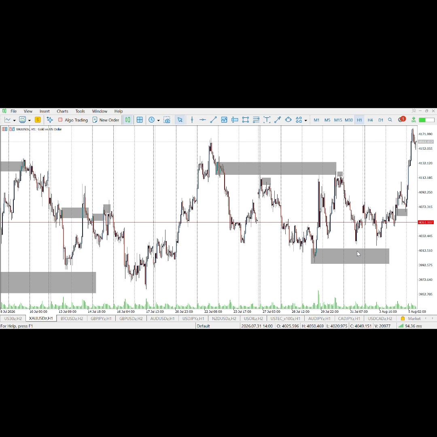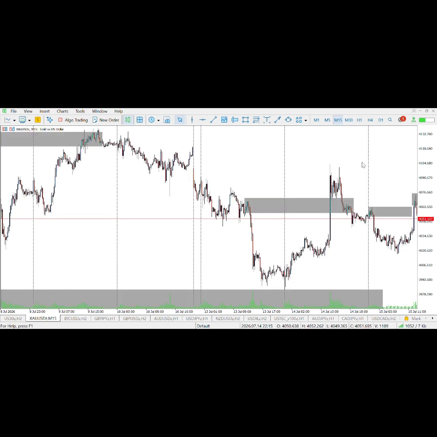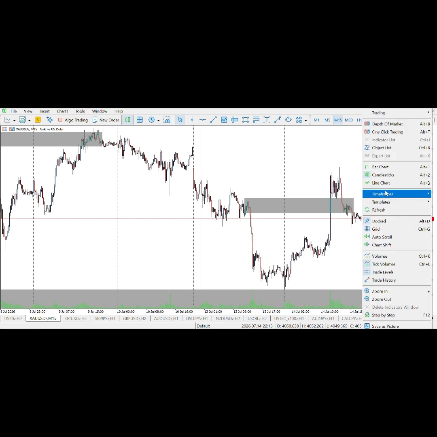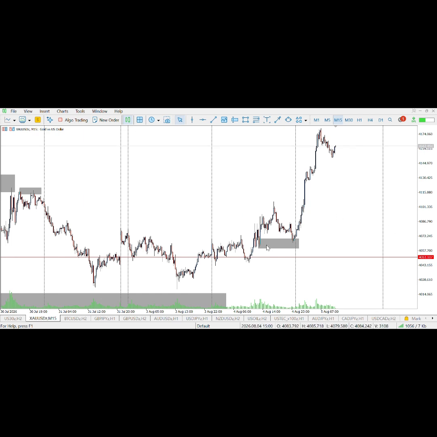Okay, so let's go down to 15 minutes and see how I found this zone that I took, this trade that I took here. So this is it.